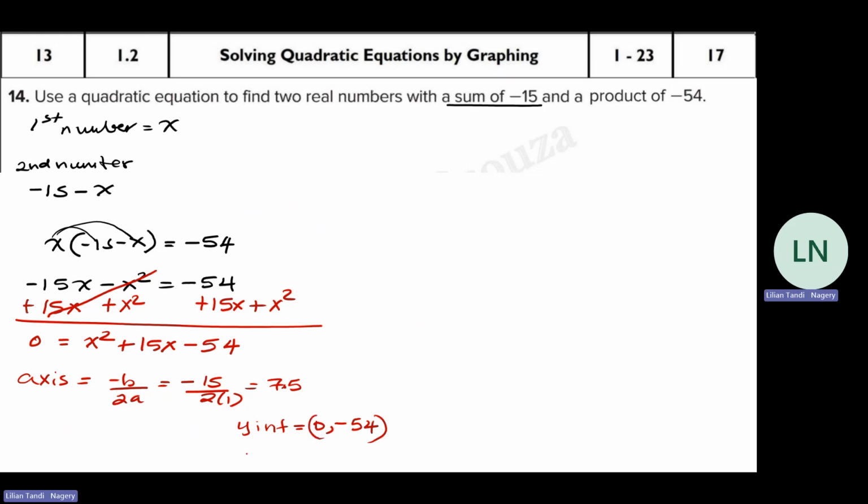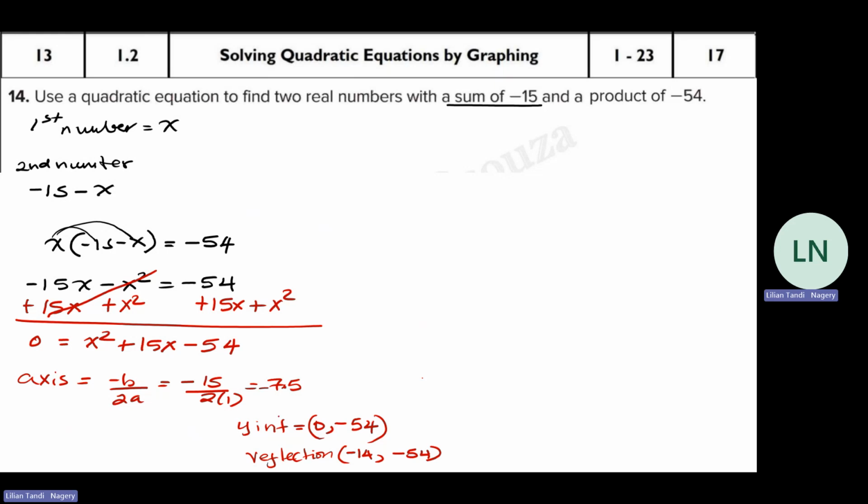Okay? Then do reflection. Reflection is axis times 2. Axis times 2, and actually this is negative because this is 15 and it is negative. So negative 7.5. Okay? All right, what is negative 7.5 times 2? That will be negative 15. And then y-intercept, negative 54. Okay? You've gotten the reflection.